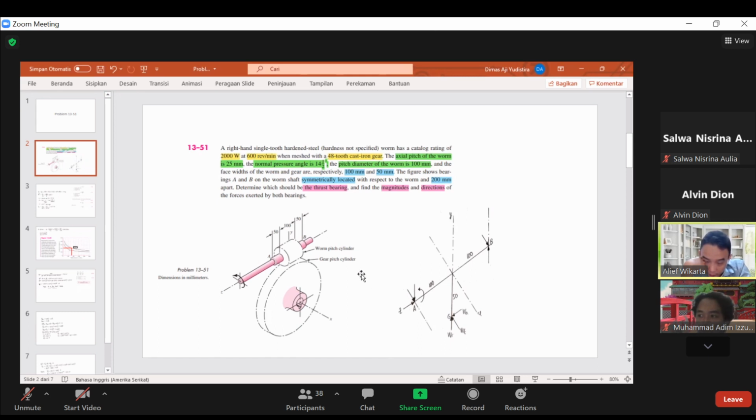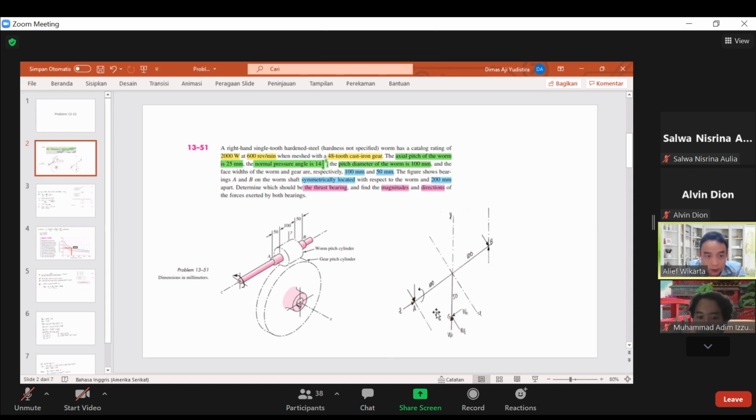Why? Ini karena arah gaya aksialnya. Dia arahnya ke Z positif. Dia memberikan gaya kompresi ke shaftnya. Jadi thrust bearingnya di A.